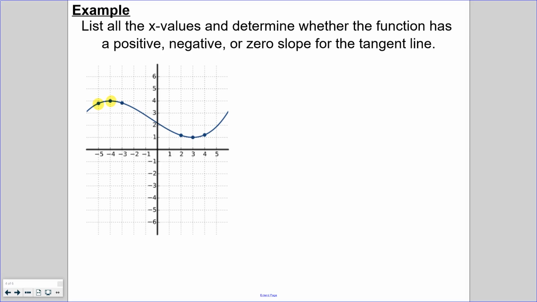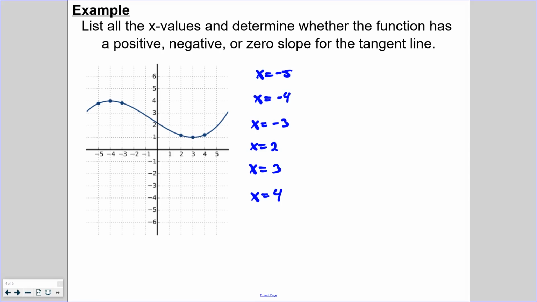So these are the 6 x values we need to quickly identify: an x value at -5, an x value at -4, an x value at -3, an x value at 2, an x value at 3, and an x value of 4.